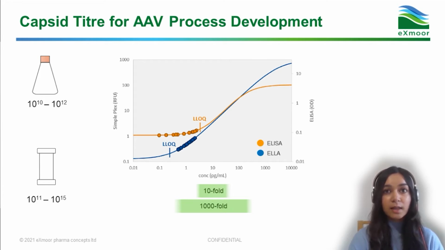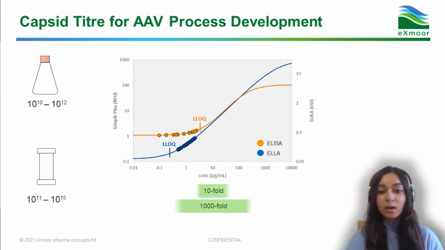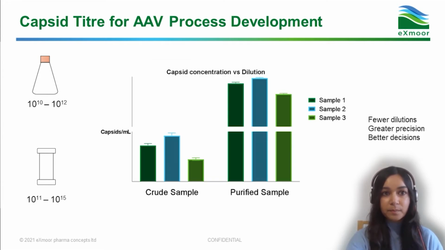So you can see the ELA is shown in blue and the ELISA in orange. The broad dynamic range means that concentration uncertainty of your sample becomes less of a problem as you're targeting a much broader range now compared to the ELISA.